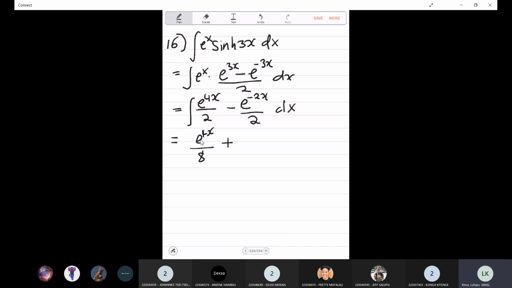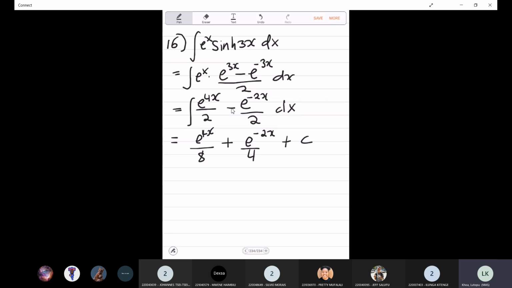There is a minus there, but you can work it out with a minus. And then with this one, we would have e to the power of minus 2x. Then we divide by negative 2x, so the negative and this negative will make positive. Then we have e to the power of minus 2x, and then 2 times 2 in the denominator gives us 4. And then we add our constant of integration.